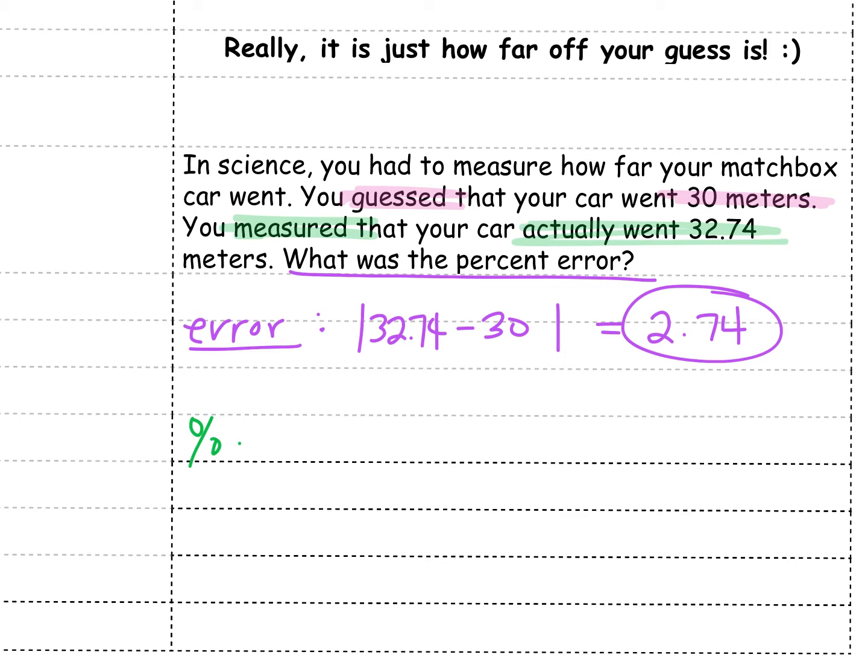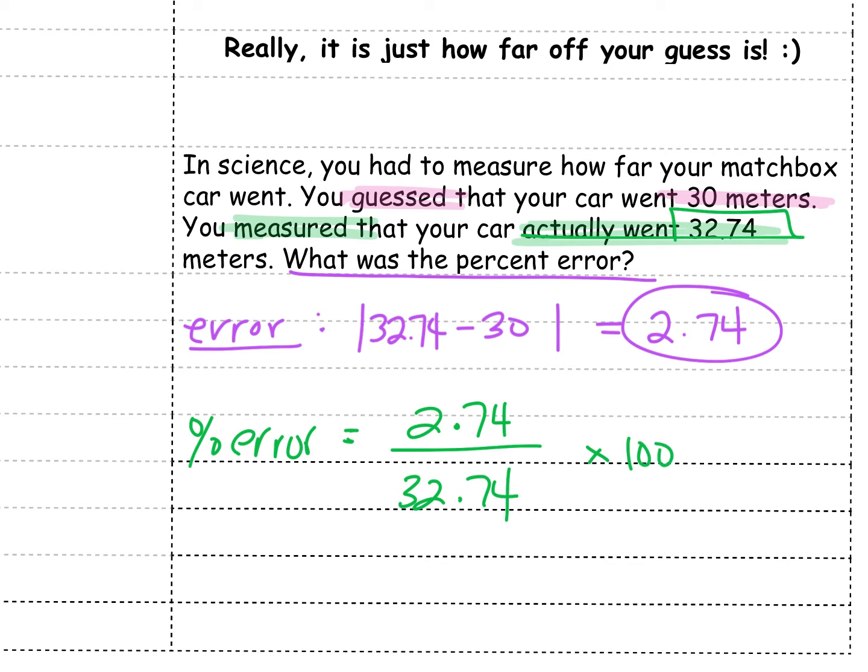Then to find the percent error, I take how far off I was. I was off 2.74 meters. Divide it by the actual. That's where kids mess up. They use the wrong number. It's always the actual amount, which was 32.74. And that's going to give me a decimal. So to change it to a percent, we multiply by 100. So we put that in our calculator.